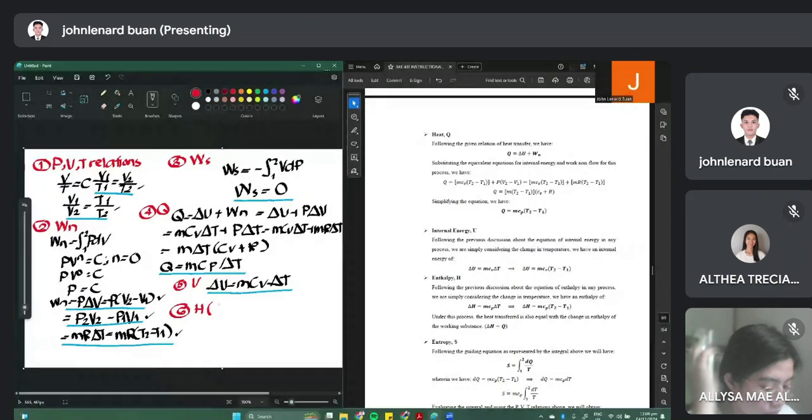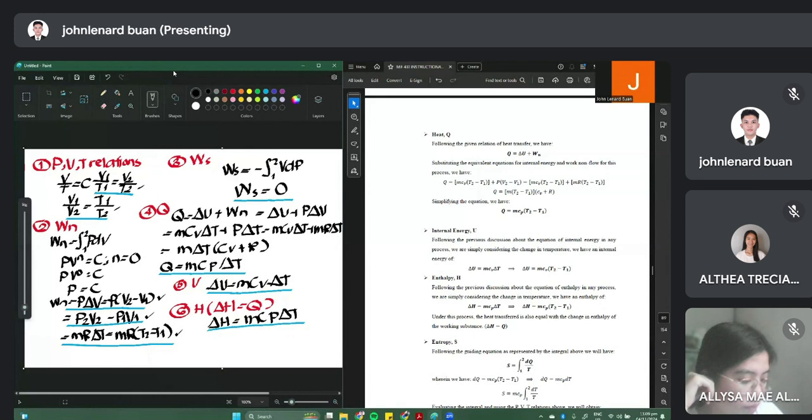Therefore, we can say delta H is equal to heat. Therefore, our equation for enthalpy, delta H, is equal to mCp delta T. Underline natin.